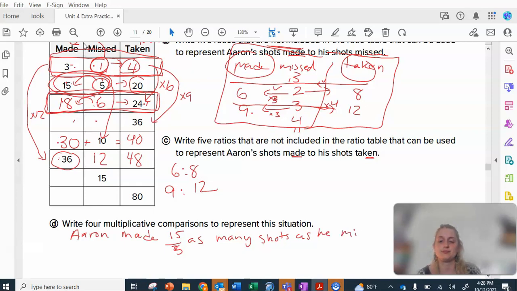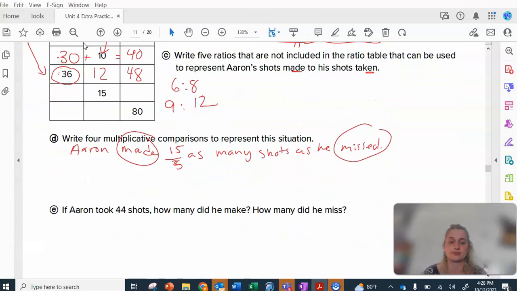Missed. Excuse me. You can use that same format and come up with some other sentences. You can use that same format and swap out the words made and missed for missed and taken or made and taken, whatever you want to compare them to.